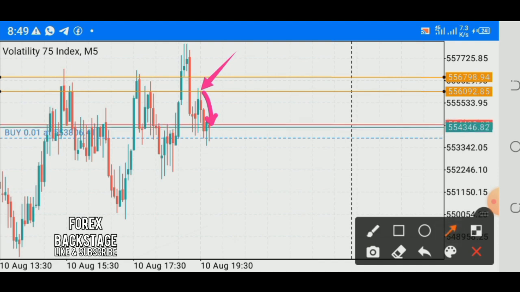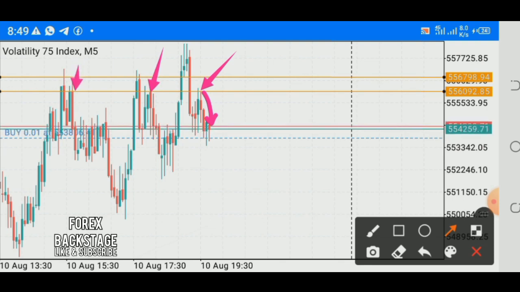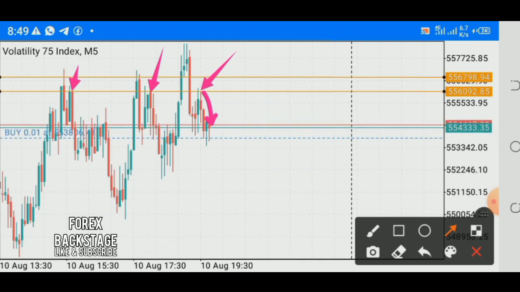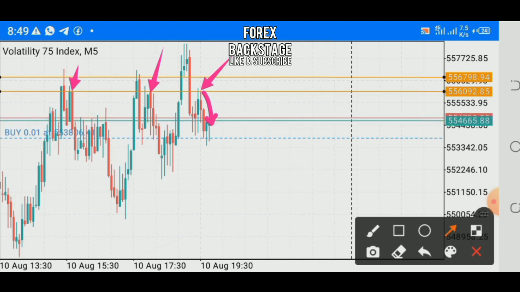It also hits this resistance right here and bounces back again downward, and hits it here again, bounces back and starts trending down. Look very well. You discover that once the price gets to that line, the price respects that line. It doesn't break out of that line easily.